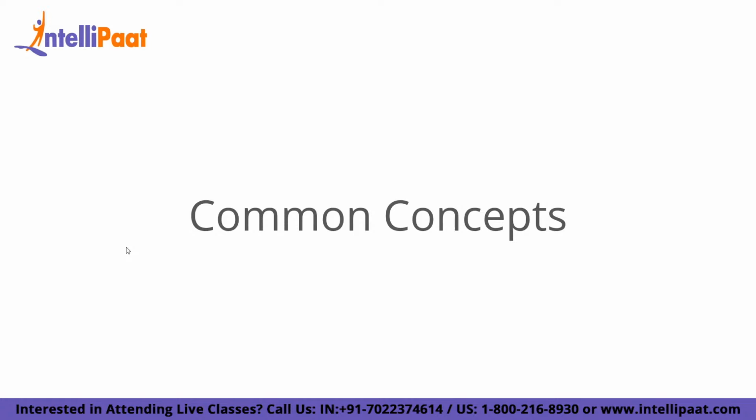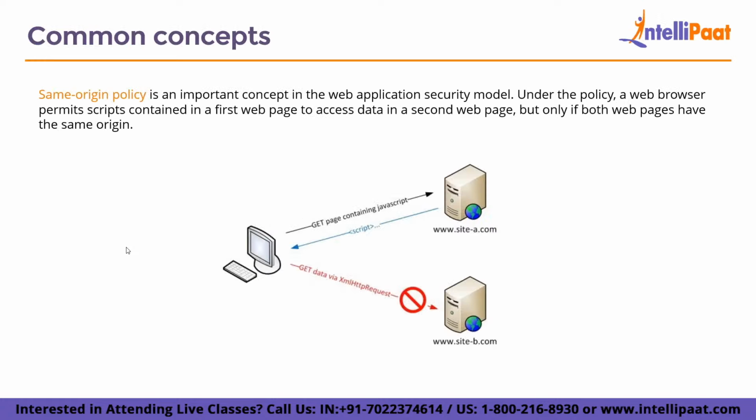Alright, now let us move on to the next topic, which is some common concepts that you need to know before going further. We have something called the same origin policy, or SOP. SOP is an important concept in the web application security model. Before that, I need to say one more thing: there is no single same origin policy. Different websites follow some guidelines which help them come up with an SOP of their own.